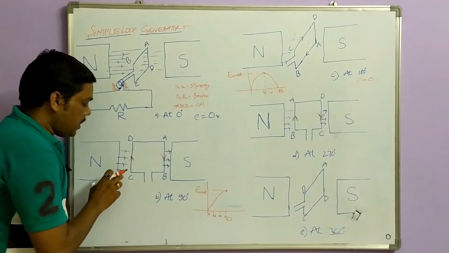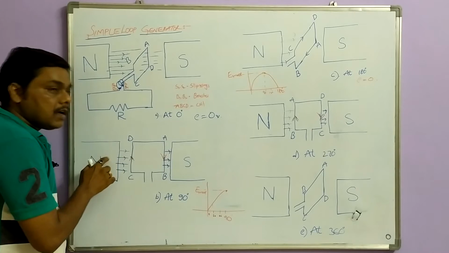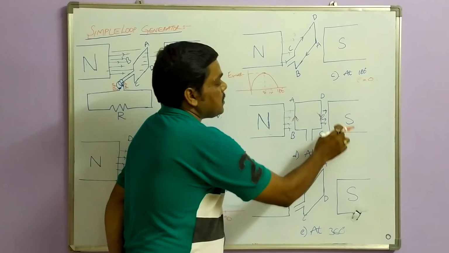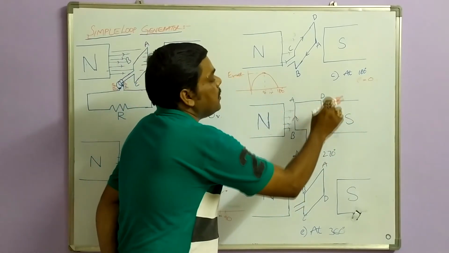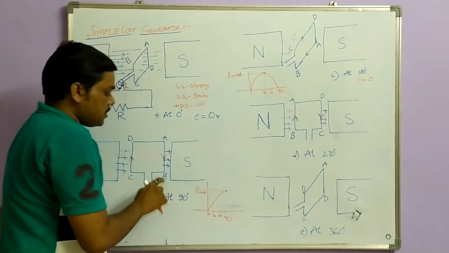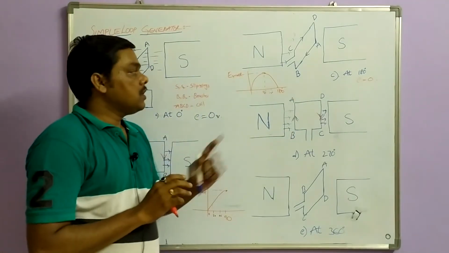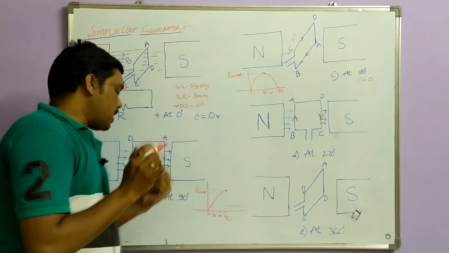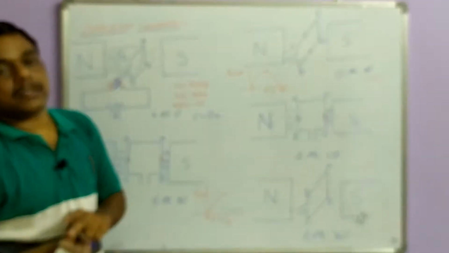Similarly, the current flowing in the CD conductor is C to D, under the north pole. But at 270 degrees, the CD conductor is under the S pole and the current is flowing from D to C. So this is C to D and D to C, and this is A to B and B to A. So what you can observe from this is that the current direction is reversed. Unlike 90 degrees, at 270 degrees the current direction is reversed.